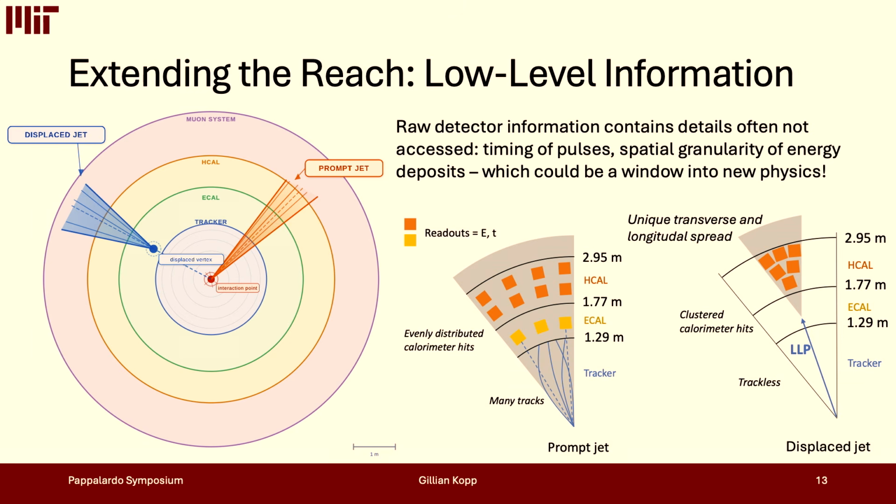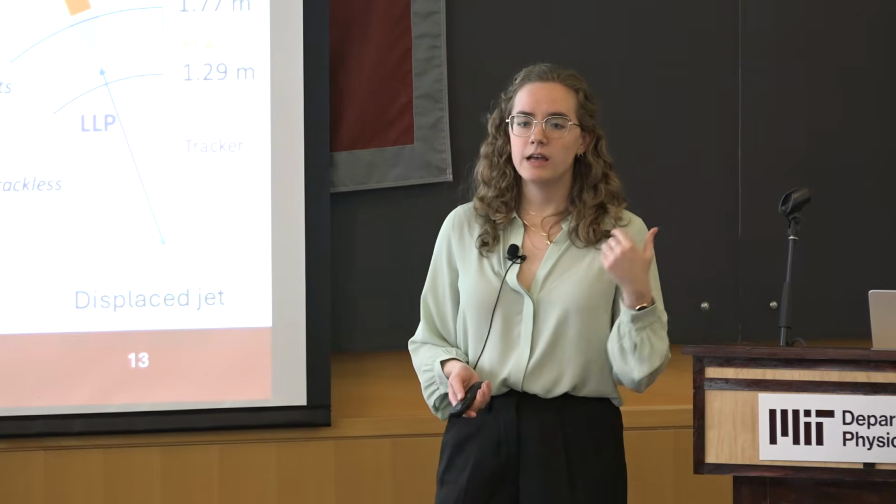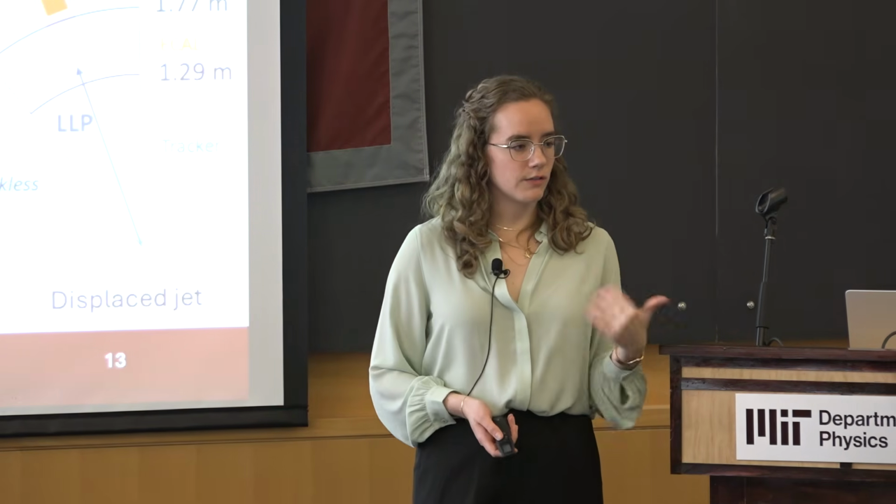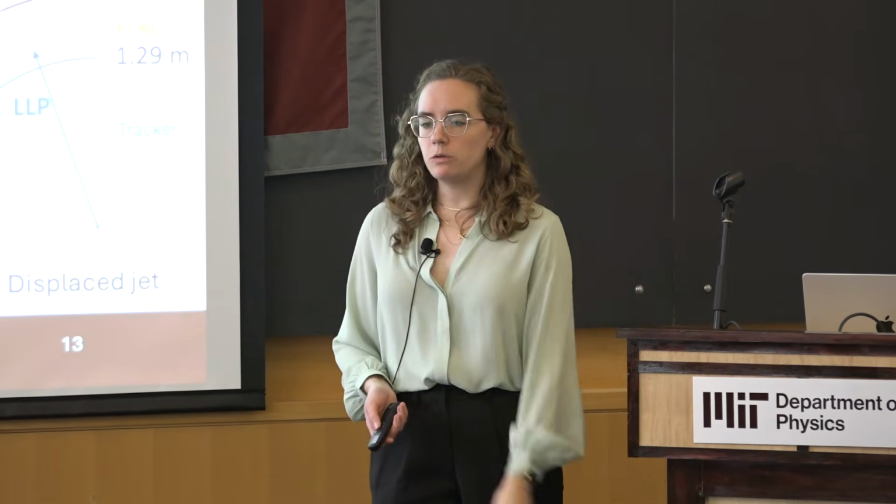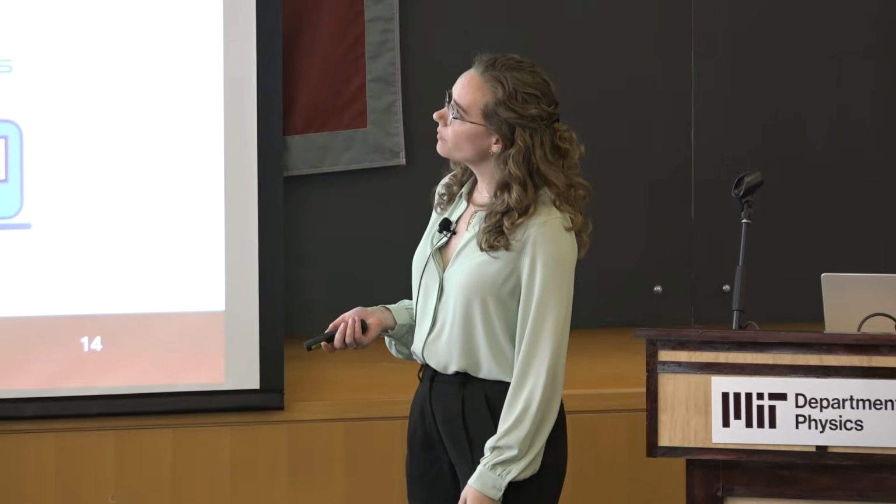In contrast, a displaced jet may be entirely trackless because the particle would travel through our tracker without depositing any energy and being recorded there. And then once we get to our calorimeter system, we could have this dense cluster of calorimeter hits that is not nearly as widely spread. So information about the timing of pulses and the spatial granularity of these energy deposits that we can access at this first level of our data acquisition system can really be a window into this new physics.